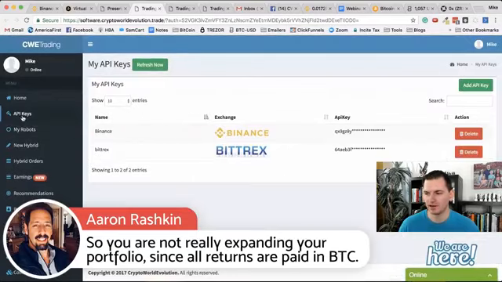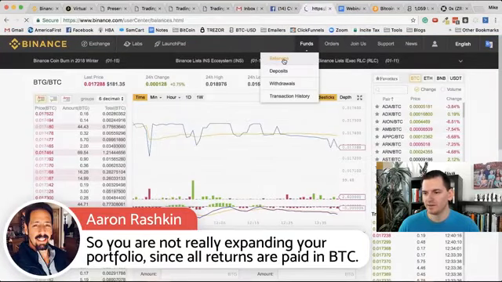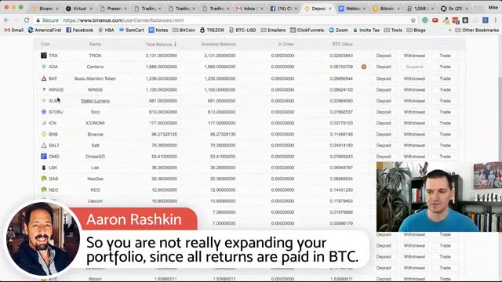I went back here and clicked delete. Well, then I'd be stuck with all the coins that it bought me already. So if I go over here, funds and balances, all these coins that the bot traded for me would now be my coins and they won't be sold back to Bitcoin for profit.